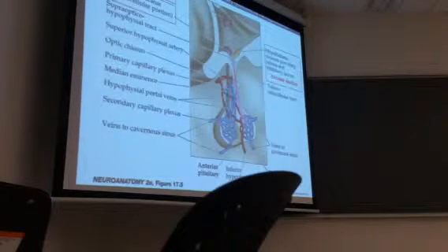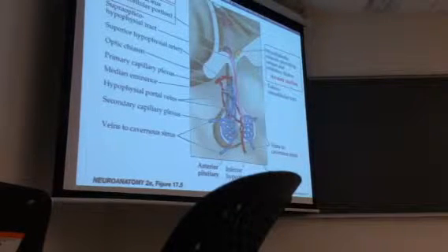If a molecule is released at a synapse, it's a neurotransmitter. If that molecule is released into the blood, it's a hormone. And that's important to really grab hold of and think about.